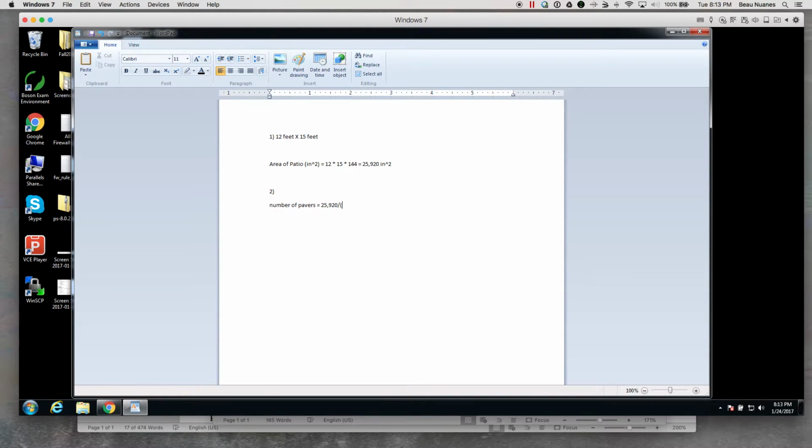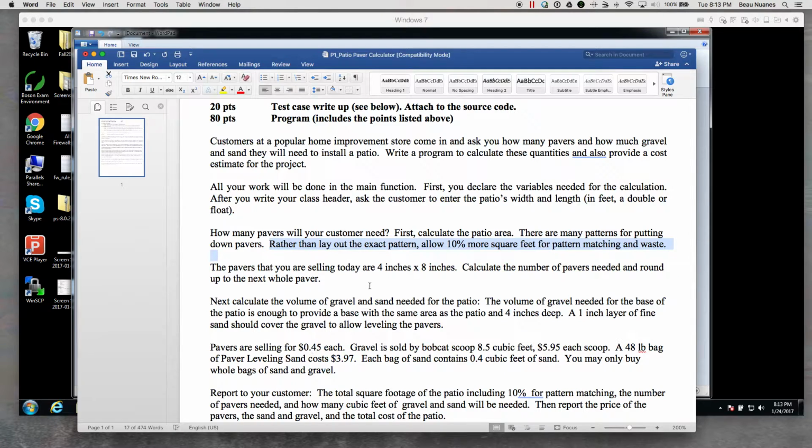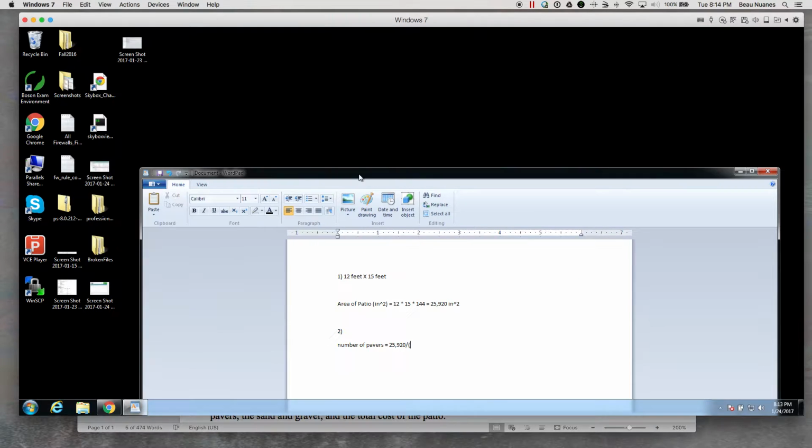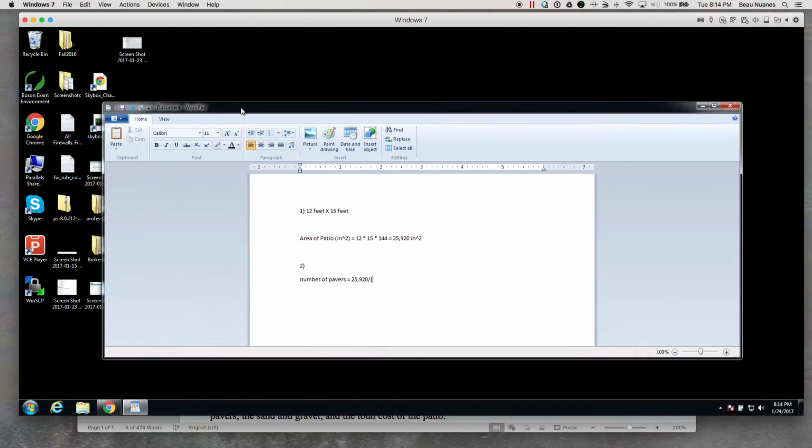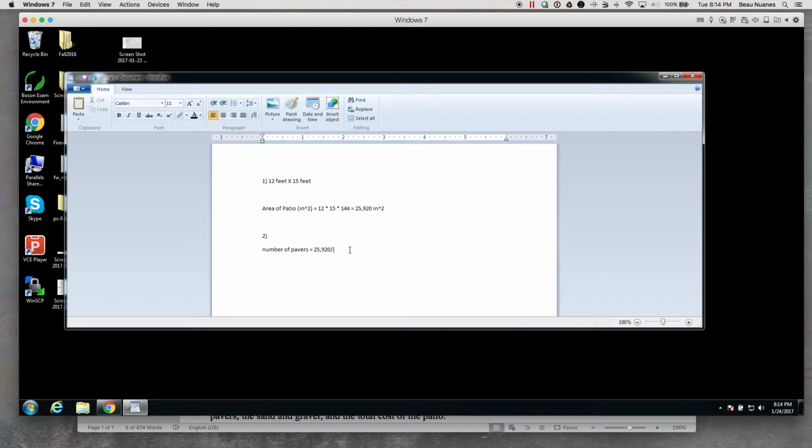It comes from the size of a paver, which is 8 inches by 4 inches. So that's why I converted to inches. It makes this calculation a little bit easier. So divided by 8 times 4, I'll put 8 times 4 down here. If I do that, that's going to give us 810 pavers.